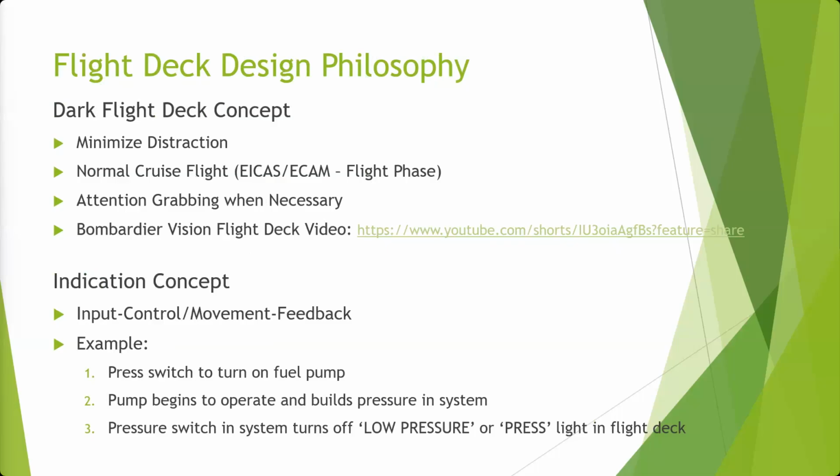The same thing with hydraulic systems. You turn the electric hydraulic pump switch on. That's your input. That control or movement is that pump activating. Then it builds pressure in the system downstream, and there's a pressure switch that feeds back to the low pressure light to shut it off.